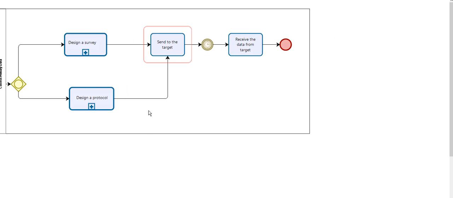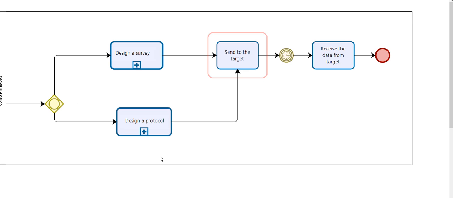Usually when you send your survey or your protocol or both, this takes time. Usually a survey takes some months, and then, well, when you receive the answers, you have your raw data.